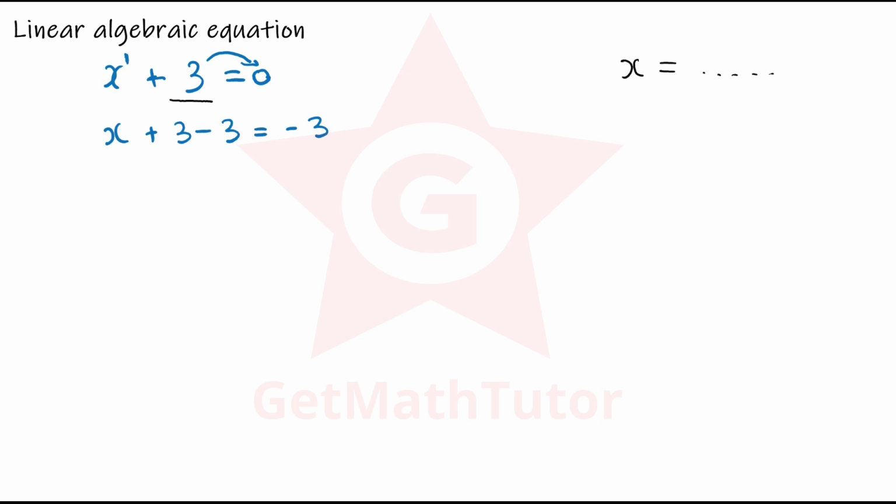So all I've done is I've subtracted 3 from this side, and in order to make sure that the equation is balanced, I have subtracted 3 on this side as well. So on your left hand side, your 3 will be cancelled, and you will be left with your answer, which is x equals minus 3. Okay, so this is your answer. You have now solved your linear algebraic equation.